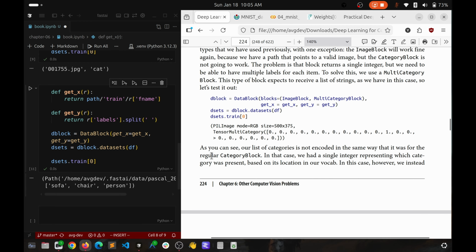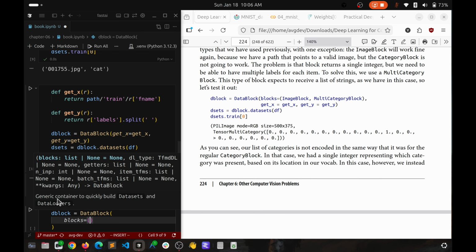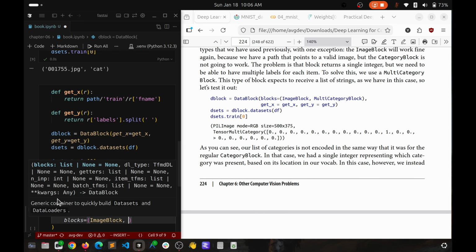Okay, we're going to create a data block without the default data block. The default data block was like this, but we don't need it like that anymore. We want to create a multi-category block with the image.